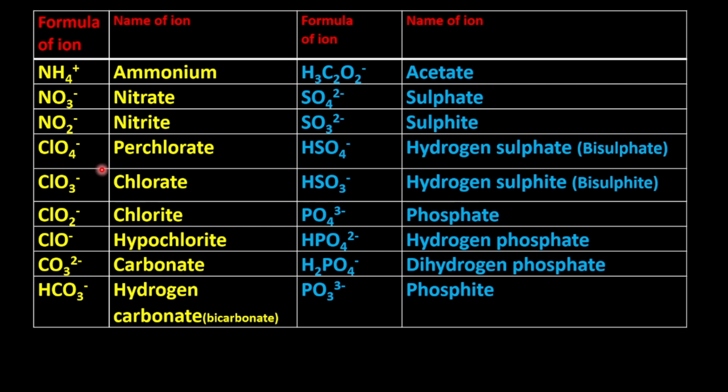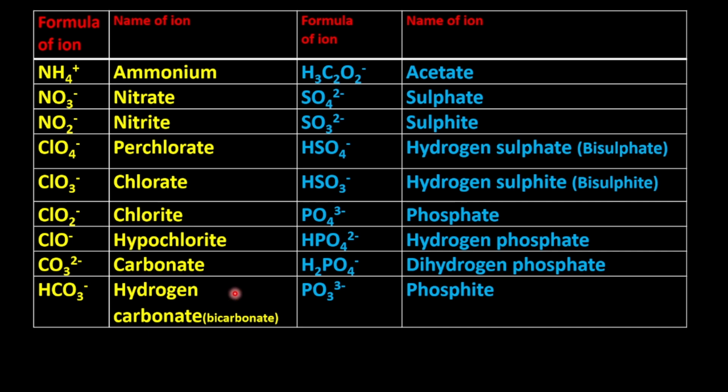For the ions here, we need to know their names. So a typical example is ammonium, which is NH4 plus, NO3 minus nitrate. Now if I say perchlorate, what is that? That is ClO4 minus. If I say chlorite, that is ClO2 minus.